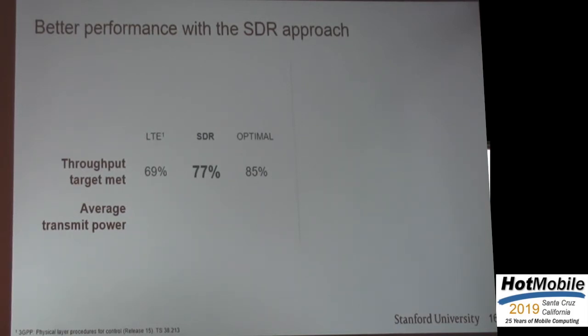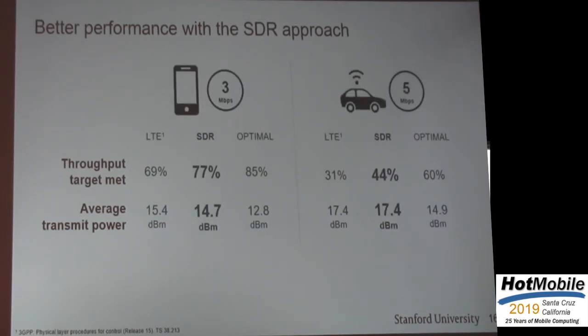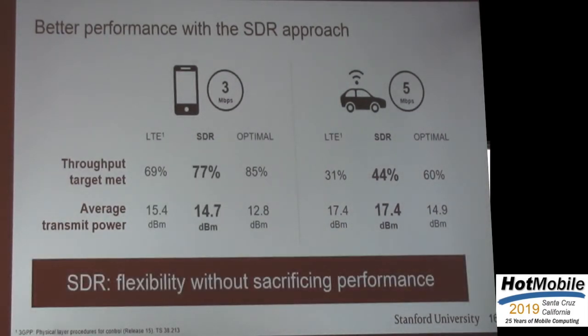And an even more interesting thing is that SDR uses a lower average power than today's state-of-the-art algorithms in achieving this better throughput. Now, this was for the case of the phone requiring 3 Mbps. We could see similar gains for the connected car requiring 5 Mbps scenario too. This shows that SDR gives us flexibility without sacrificing performance. In fact, the performance is better than state-of-the-art algorithms.